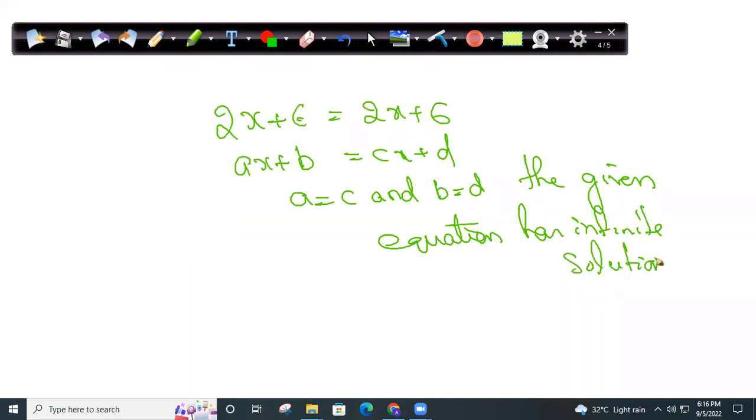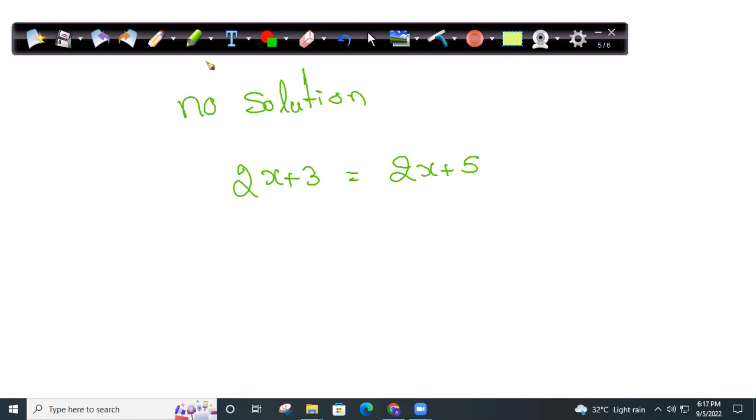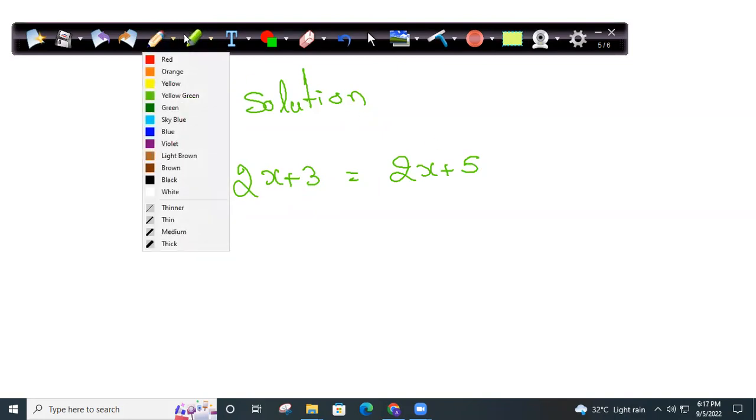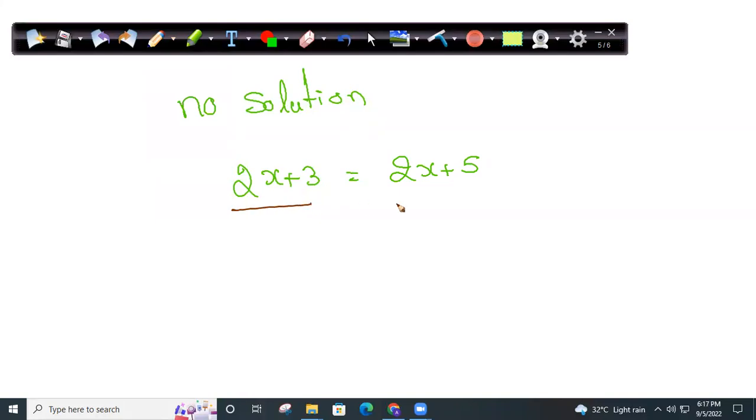Am I clear? That is the first concept we learned today. Next concept, no solution. If I give you 2x plus 3 is equal to 2x plus 5, and ask how many solutions this equation has, what do we generally do?